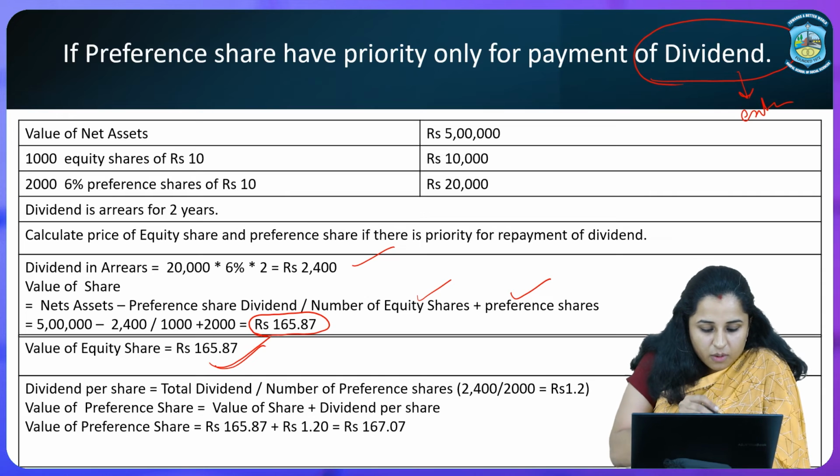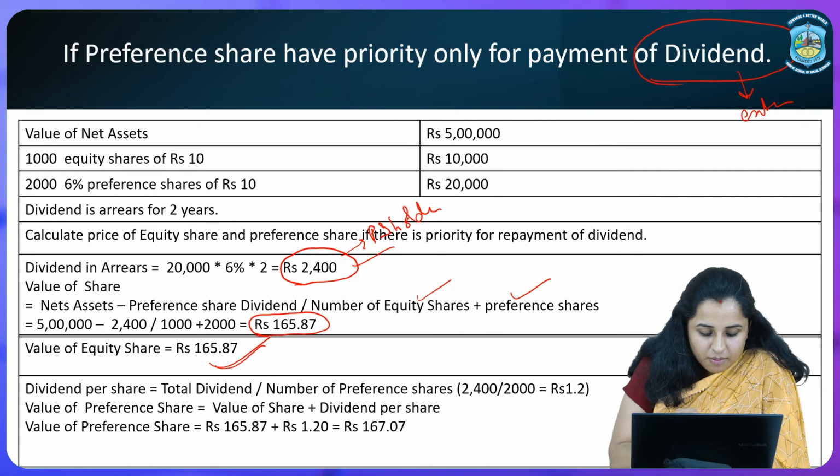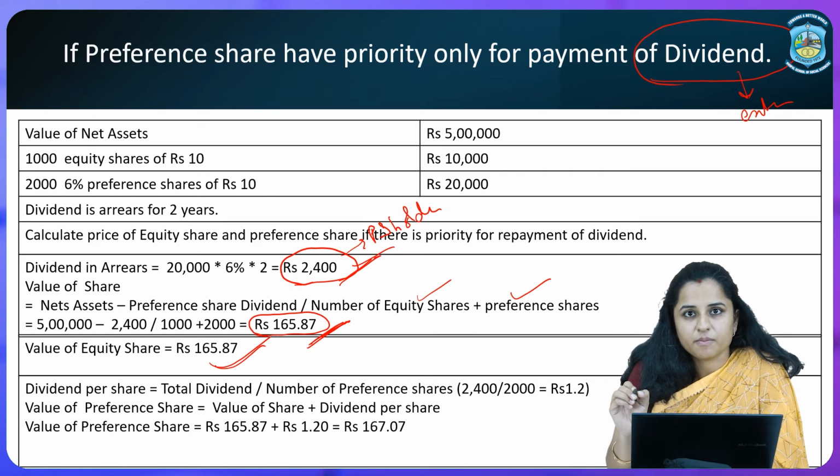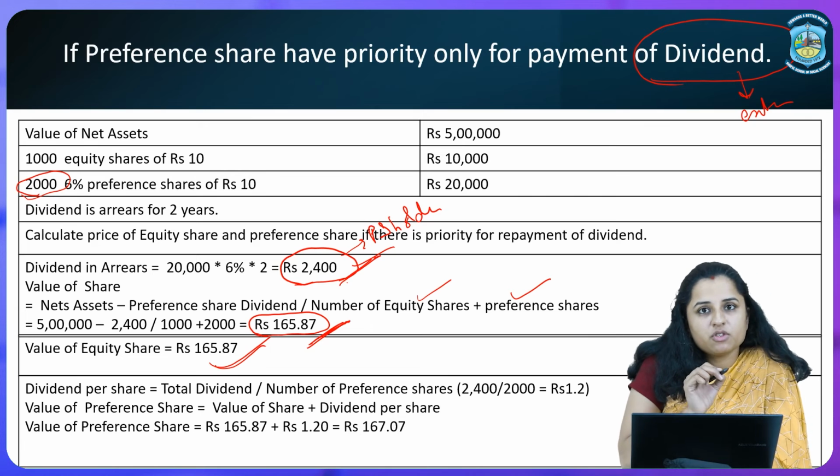Now coming back to the question, this 2400 also belongs to preference shareholders. So that means along with this 165.87, they are liable to get 2400. Now this 2400 belongs to 2000 preference shareholders.